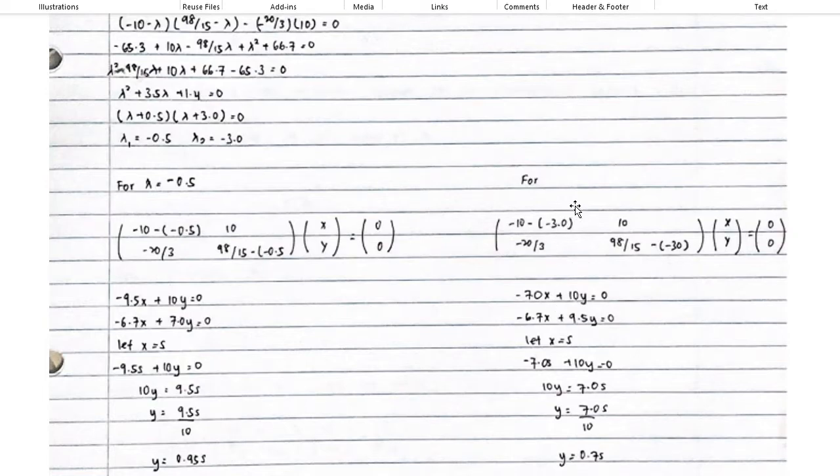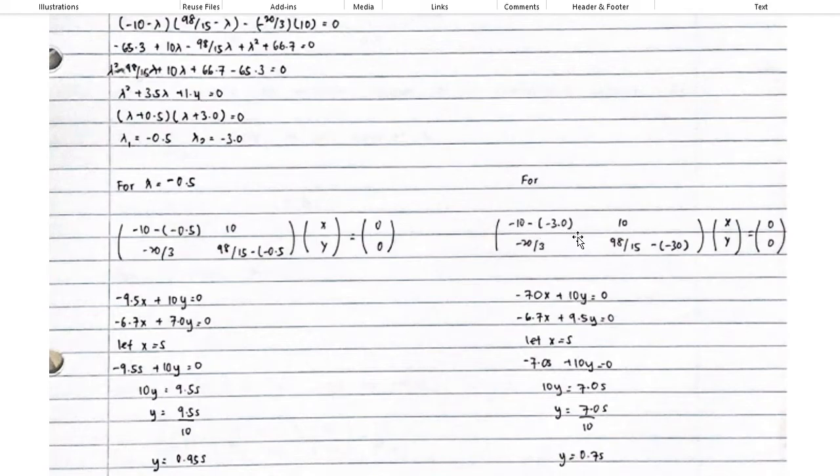So for negative 3.0, we set the value like we did in this part for negative 0.5. We substitute the value, and not to forget the way we calculate this value is by adding firstly negative 10, negative 3.0. So firstly we settle this part.